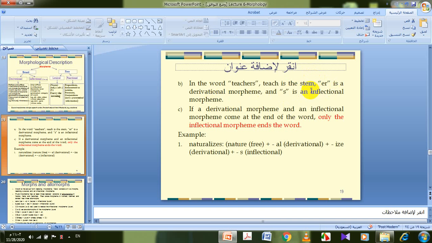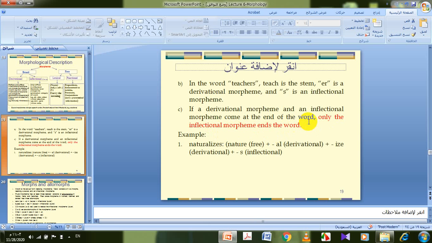So each time we derive, we get a new word. So ER is a derivational morpheme, and S is an inflectional morpheme of plural. If a derivational morpheme and an inflectional morpheme come at the end of a word, only the inflectional morpheme ends the word.